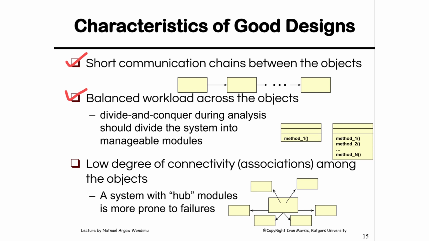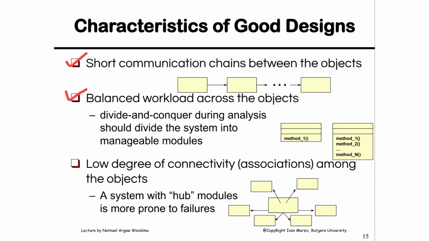The other one is a low degree of connectivity, specifically association among objects. One object should not be connected to all other objects unnecessarily, because this will make the system prone to failures.